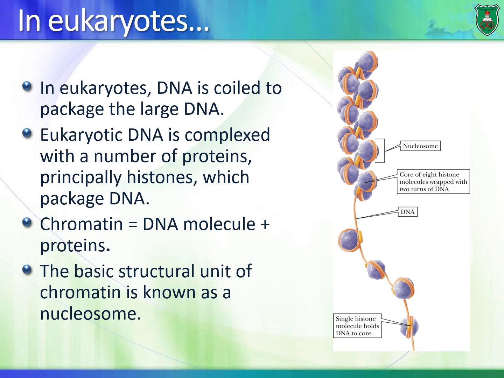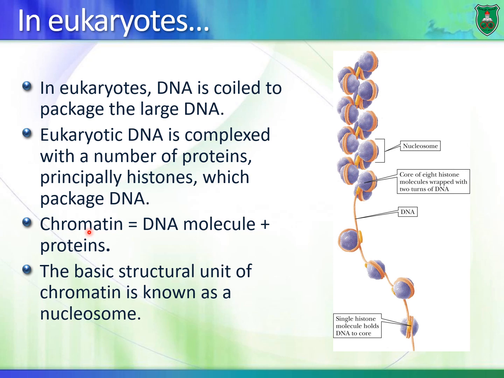So this whole DNA must fit into the nucleus, and in order for it to fit, it is wrapped around proteins known as histones. Whenever you have a single unit of DNA wrapped around proteins like histones, this is known as a chromatin molecule.